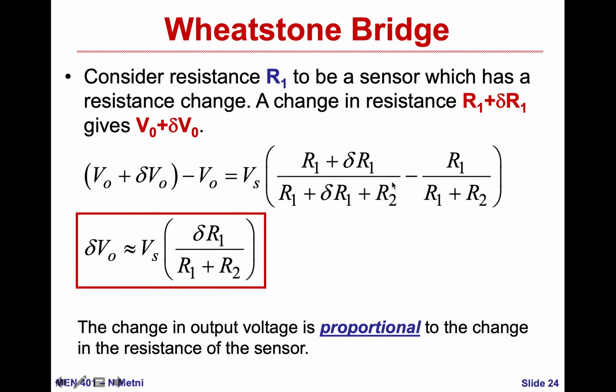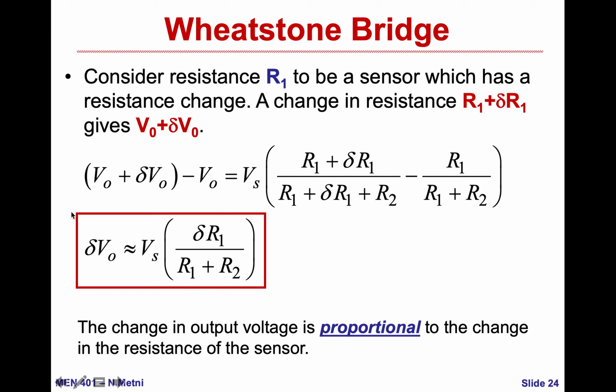So this equation is nonlinear from delta V0 to delta R1. However, what we can say is that delta R1 change can be very, very small compared to R1 and R2. So this term can be neglected. Therefore, I will have a common denominator of R1 plus R2, and I will have R1 minus R1 removed.